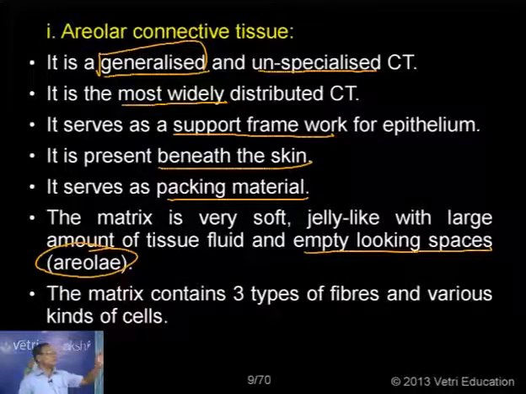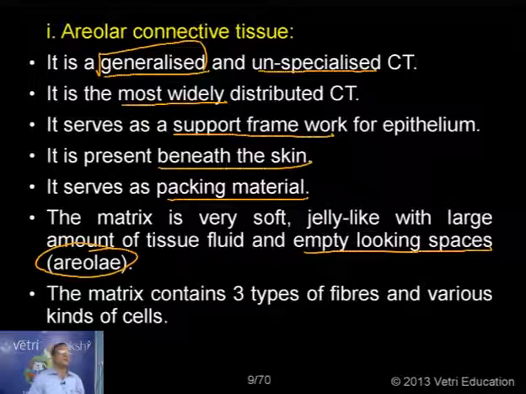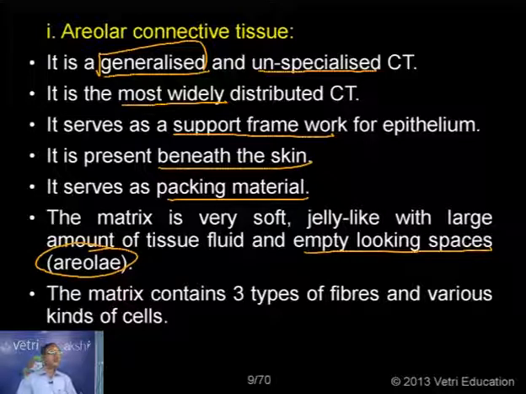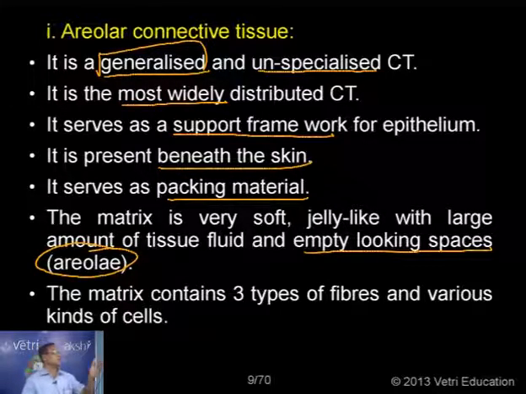So the matrix is very soft, jelly-like, with a large amount of tissue fluid, and the apparently empty spaces between the cells give the appearance of areolae. That's why it is called areolar connective tissue.